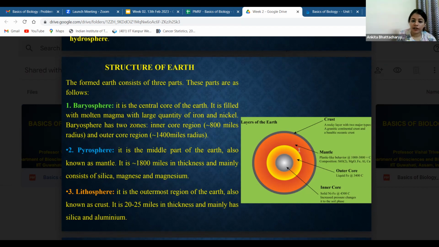Then the pyrosphere, the middle part, also commonly known as the mantle, and then comes the crust, which is the lithosphere. Lithos usually means the surface, and it's relatively less thick, and very rich in silica and aluminium, which are some of the minerals that we mine for.